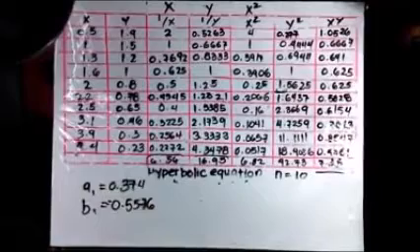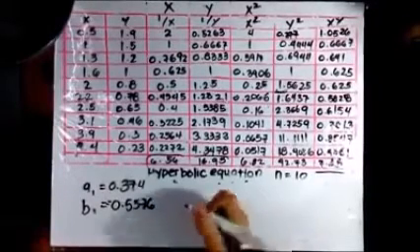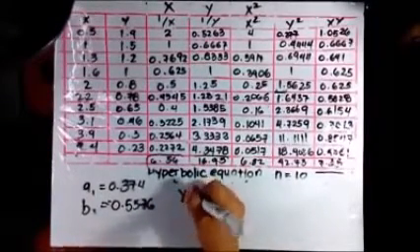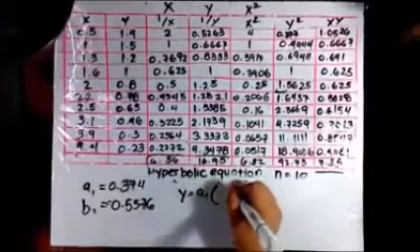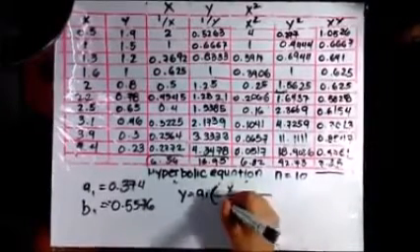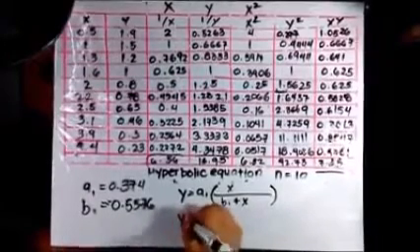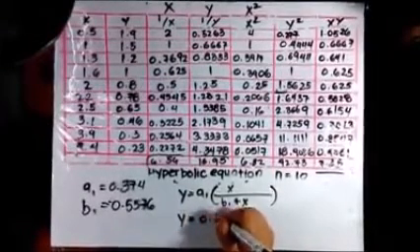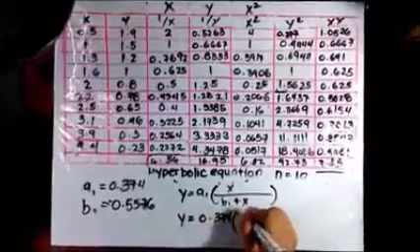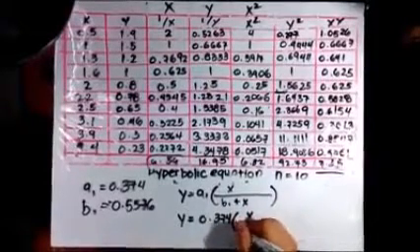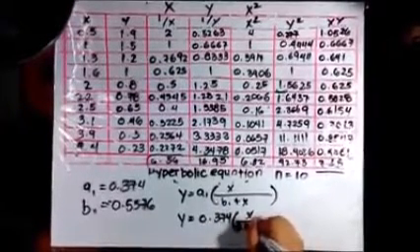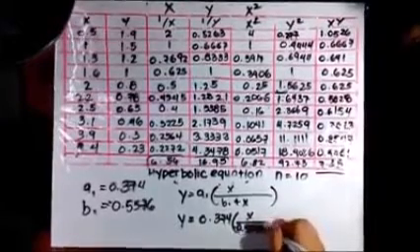Substituting the values into the hyperbolic equation, which is y is equal to a sub 1 times x over b sub 1 plus x. Then y is equal to 0.374 times x over b sub 1, which is negative 0.5576, plus x.